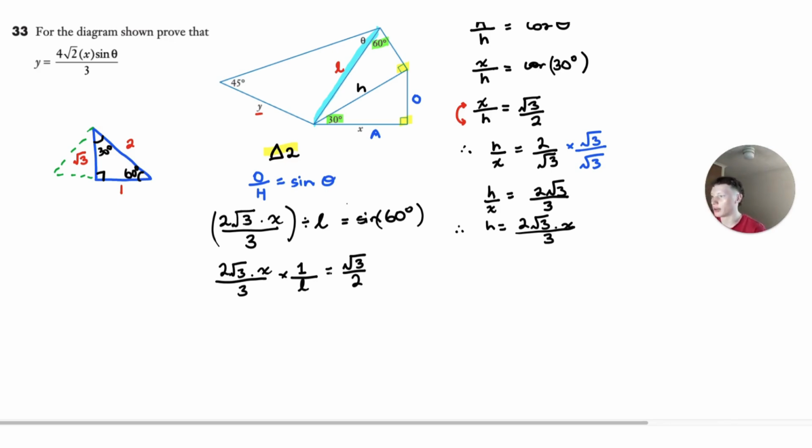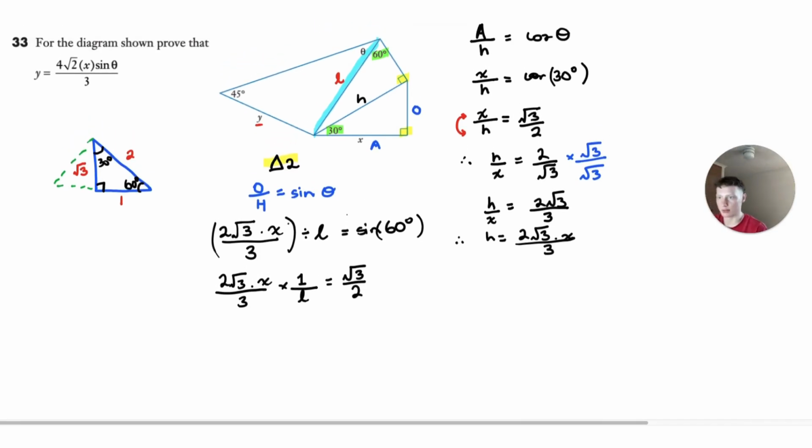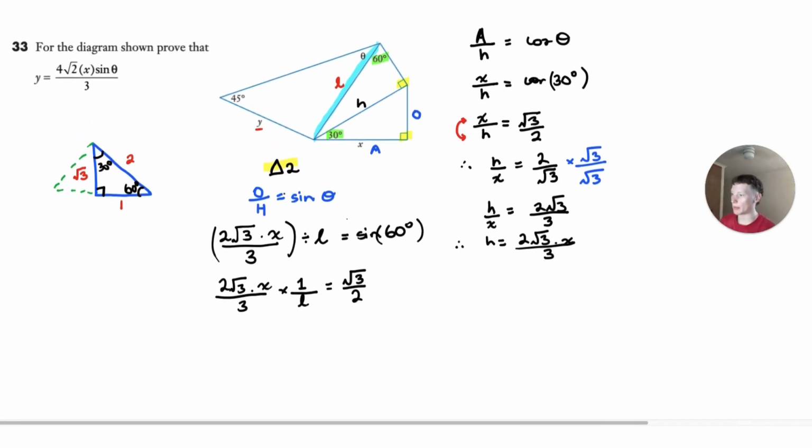And this is pretty cool now. We can actually cancel some terms here. So if we divide both sides by root 3, we can cancel out all of these terms, like that, like that, like that.